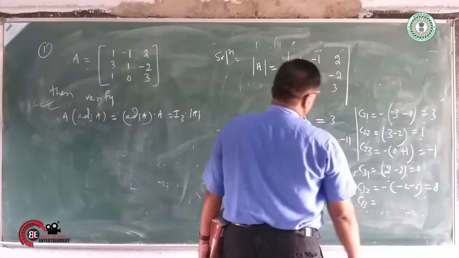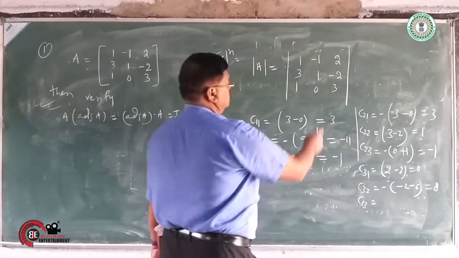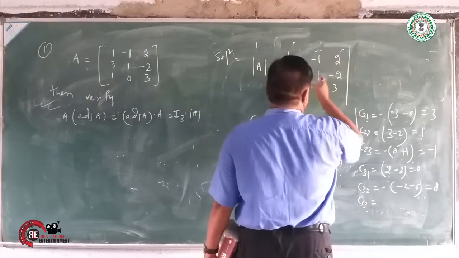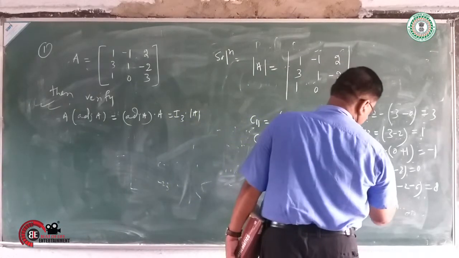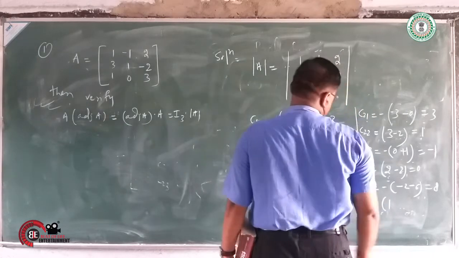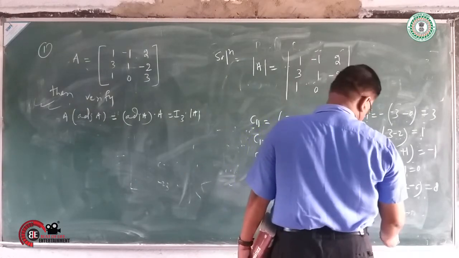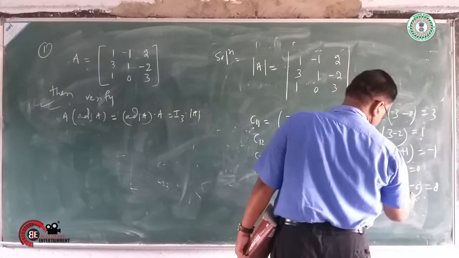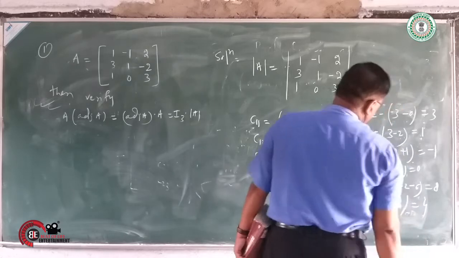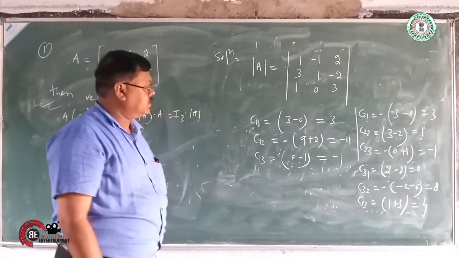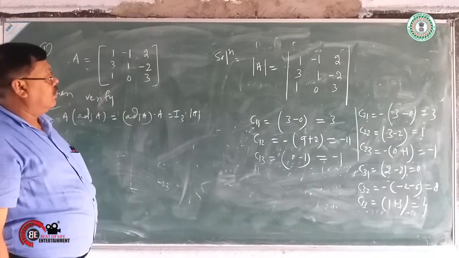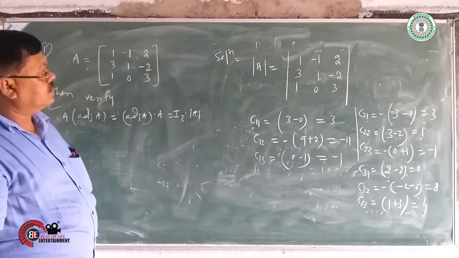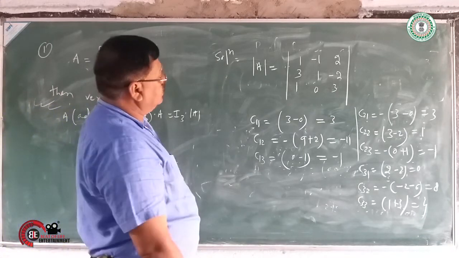C33: cancelling this, 1 plus 3, that is 4. So these are the cofactors of all the corresponding elements.